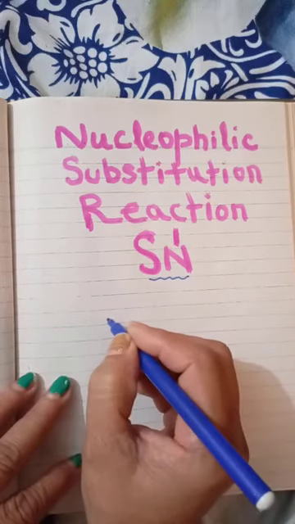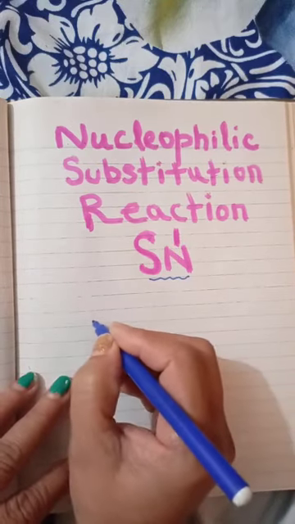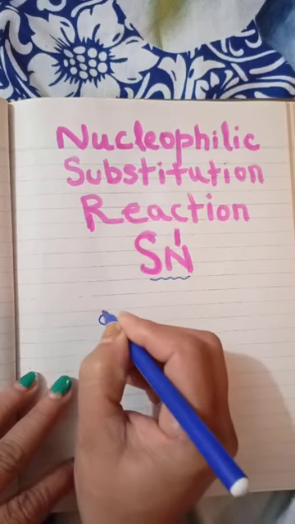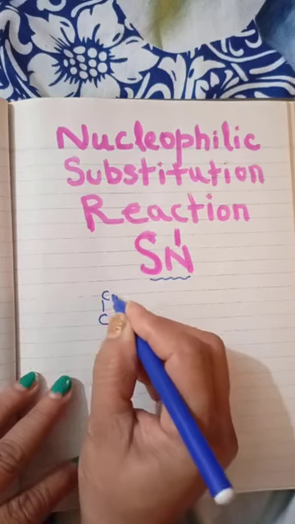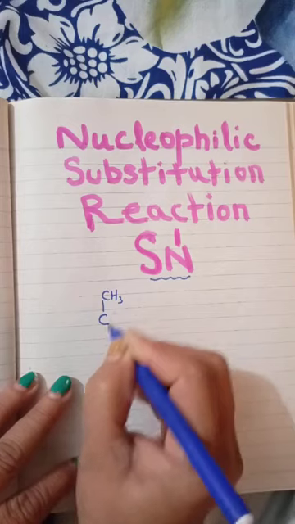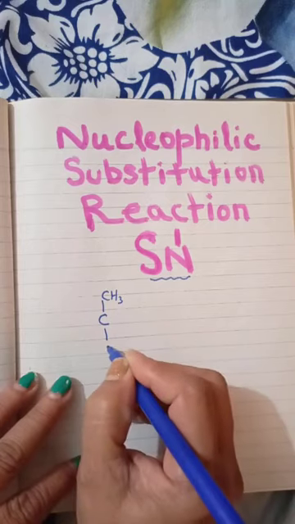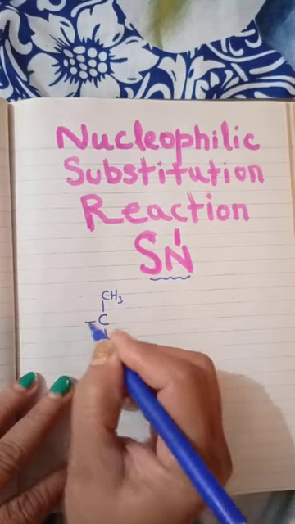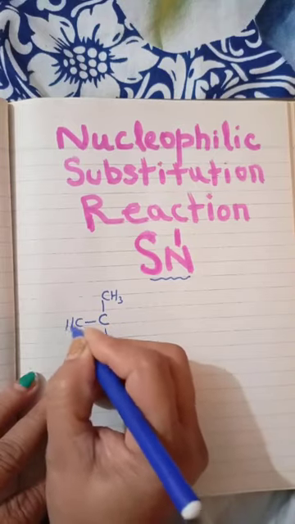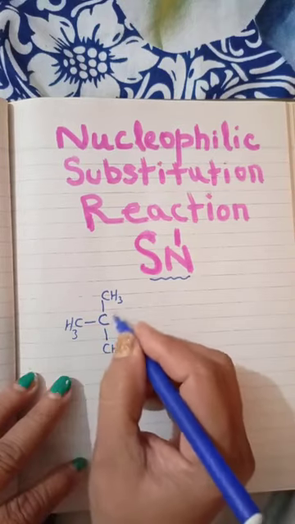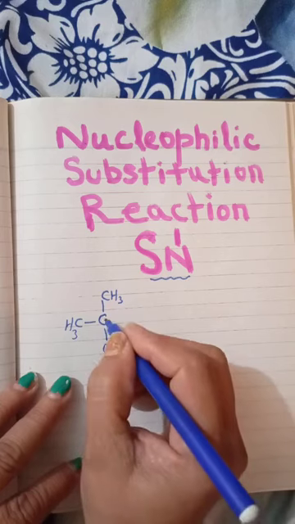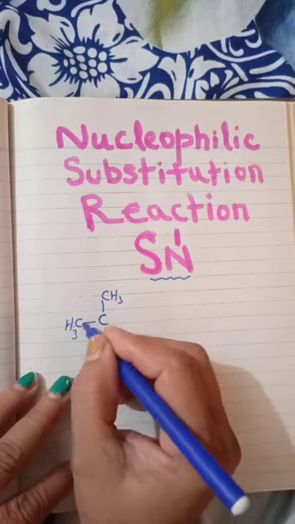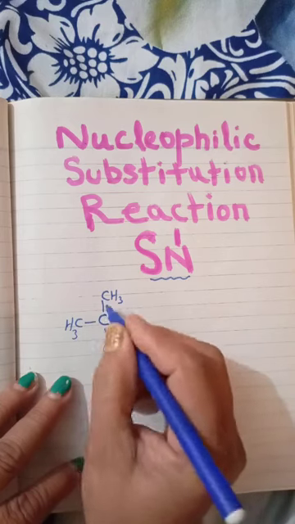In this case we take a tertiary alkyl halide. Tertiary alkyl halide means the carbon is joined on three sides with a carbon or alkyl group. This carbon is called a tertiary carbon because it forms three bonds with three carbon atoms.